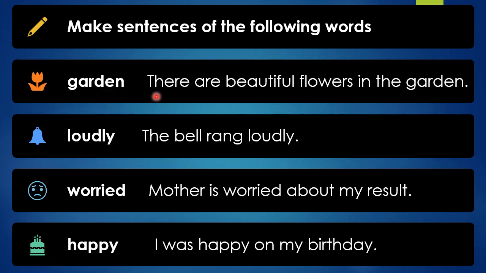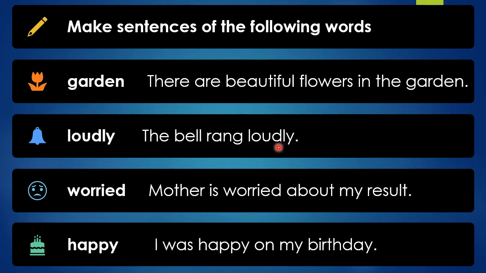The sample sentence for the first word is, there are beautiful flowers in the garden. The second word is loudly. And the sample sentence I am giving to you is, the bell rang loudly.